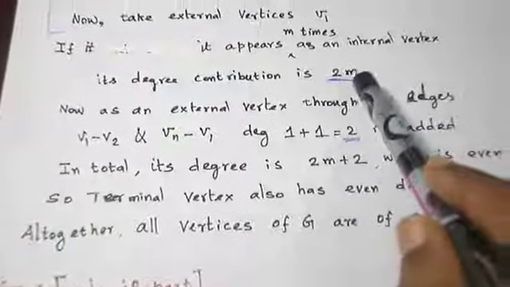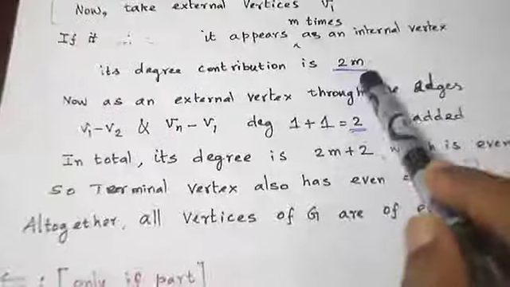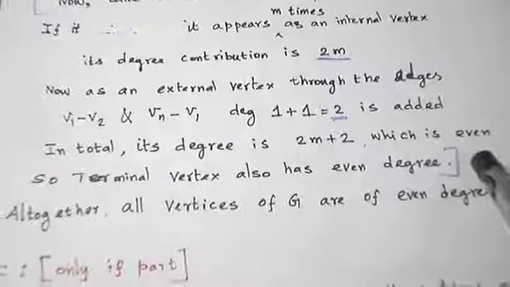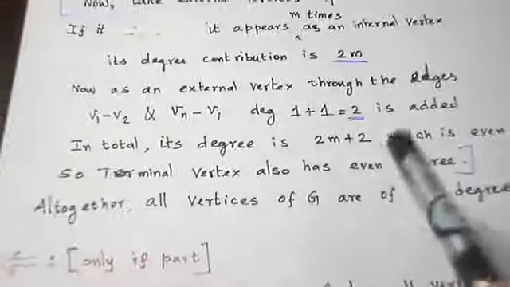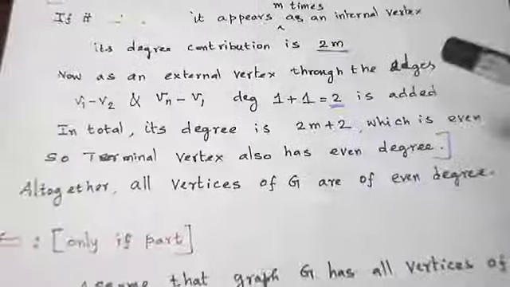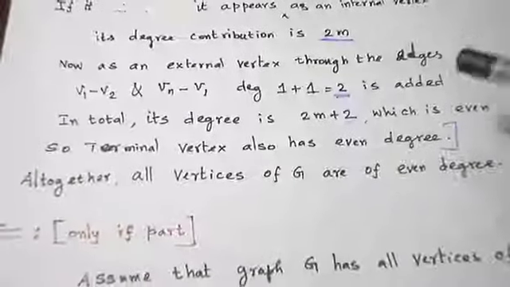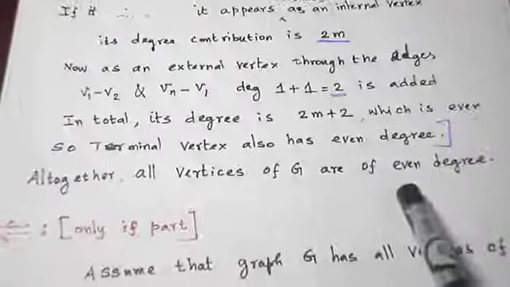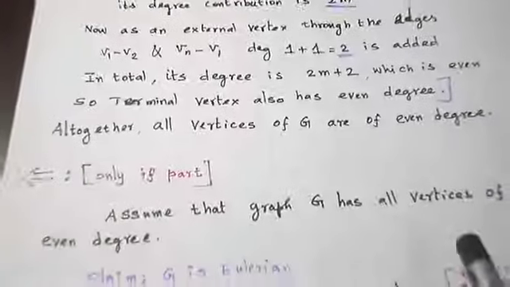So totally the terminal vertex has degree 2m plus 2, which is also even. Altogether, internal vertices have even degree, as already argued, and the terminal vertex also has even degree. So totally all the vertices are of even degree.